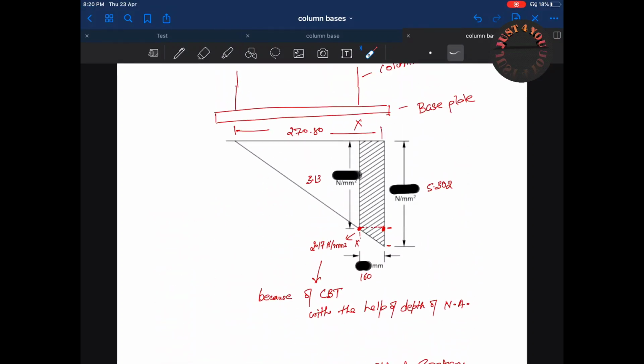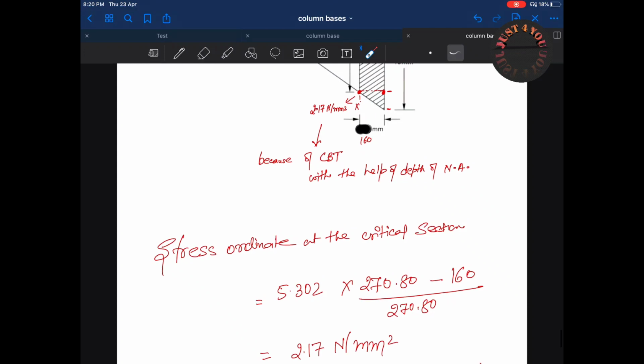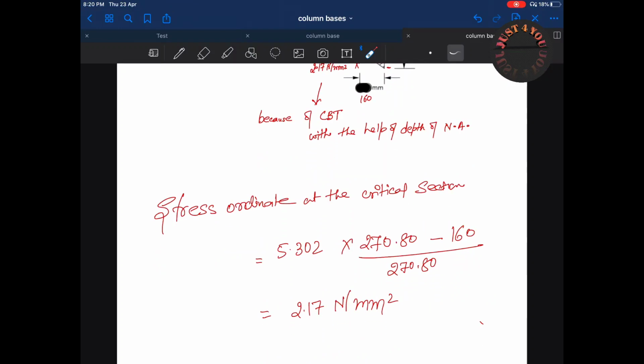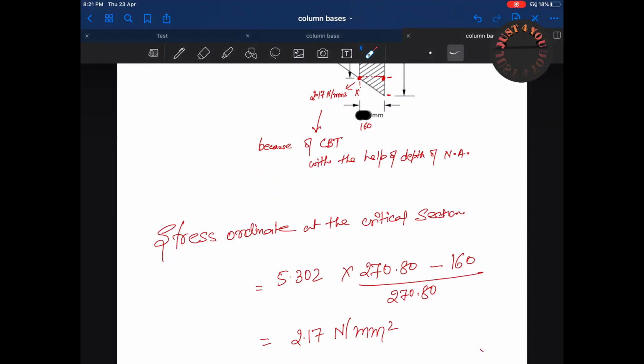We assume that this distance is 270.80, so it is 270.80 minus 160 upon 270.80, that is interpolation. I am doing an interpolation, and I get the ordinate value as 2.17 N/mm². That means at this point I get 2.17 N/mm². If you are facing any problem with interpolation, you can check the earlier videos.